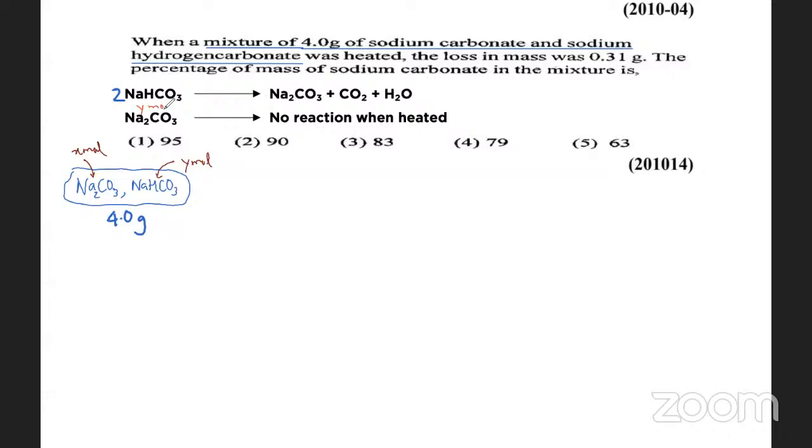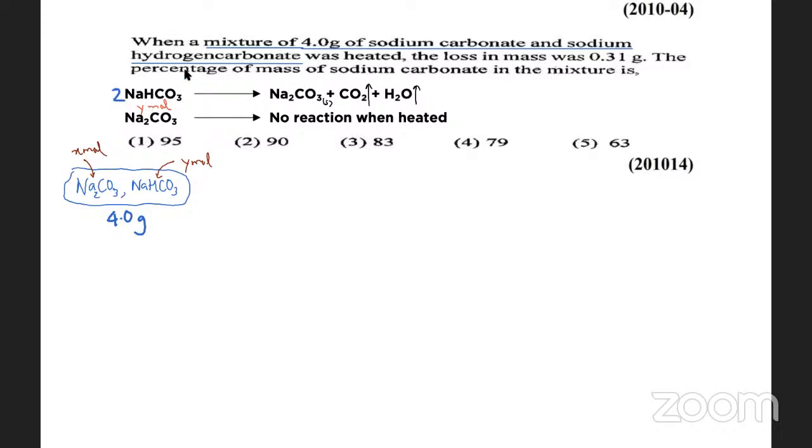Sodium carbonate, people, it's a solid. It will be remaining, and carbon dioxide and water will be evaporating. So the mass loss, like I said in the earlier question, will be the mass of the gases. How many moles of carbon dioxide will be produced? Y moles of sodium bicarbonate, 2 here. 2 is to 1.